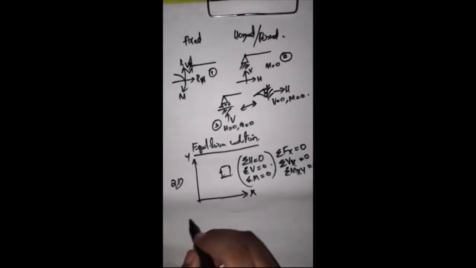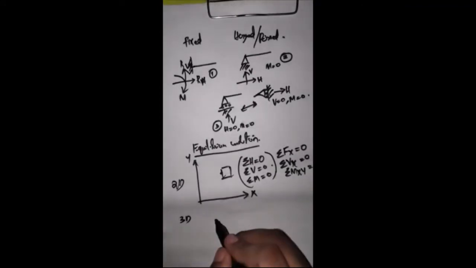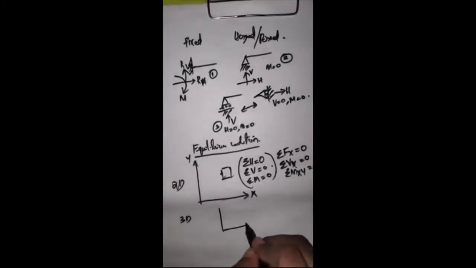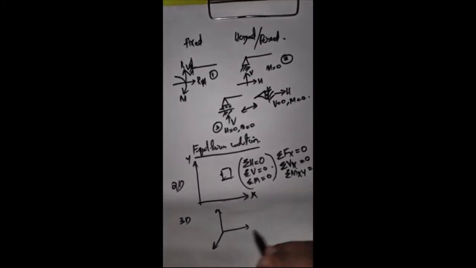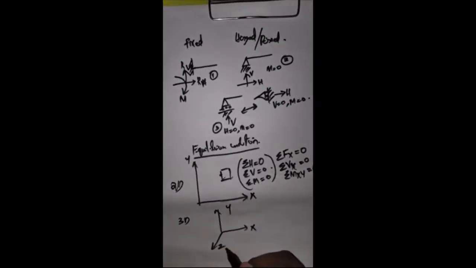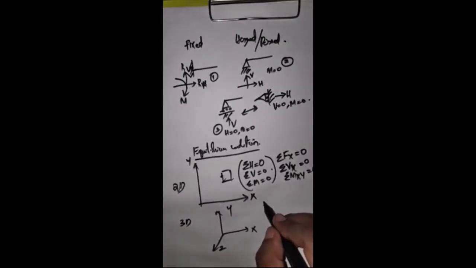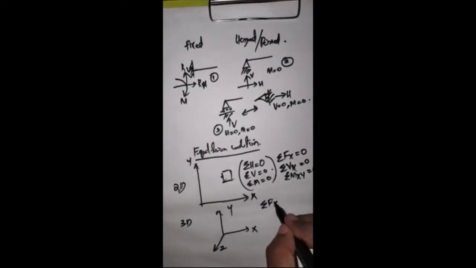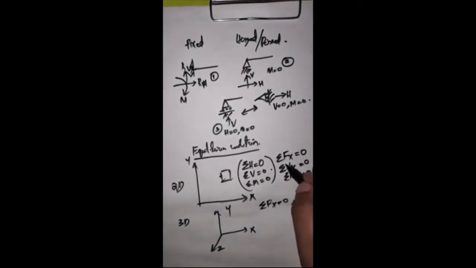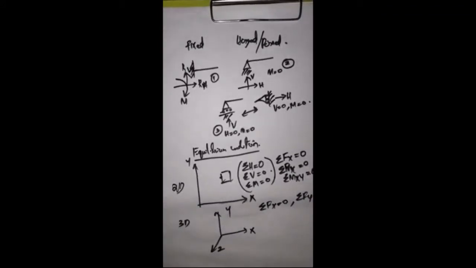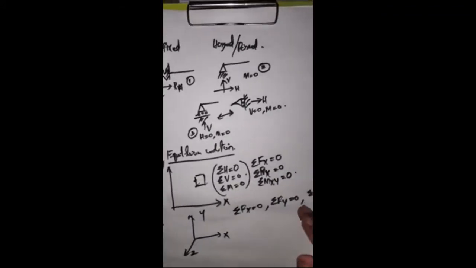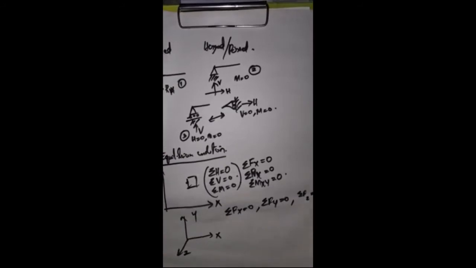Whereas in the case of a three-dimensional body, resting in three dimensions x, y and z, the sum of the forces in the x direction should be 0, the sum of the forces in the y direction should be 0, and the sum of the forces in the z direction should be 0.